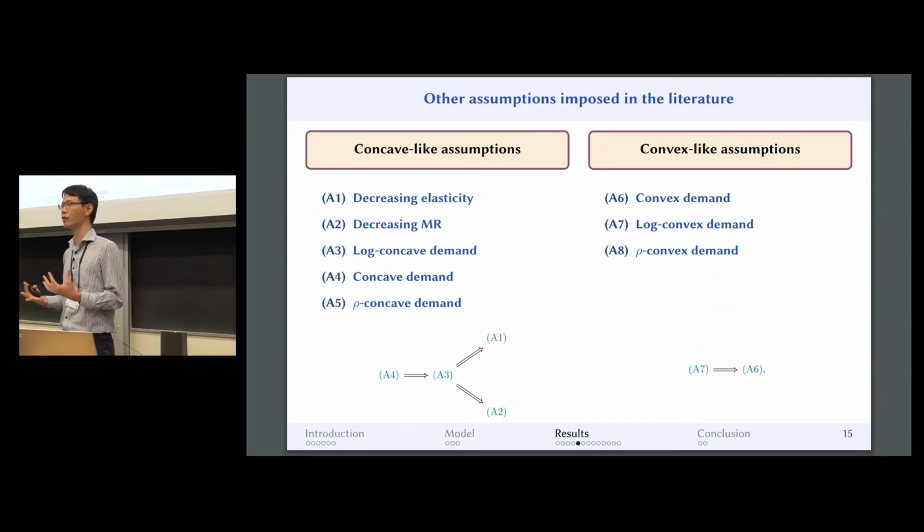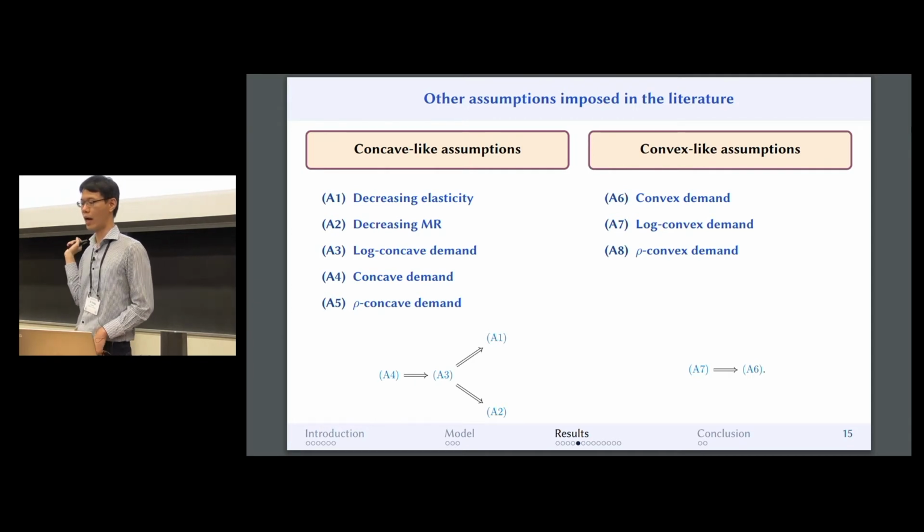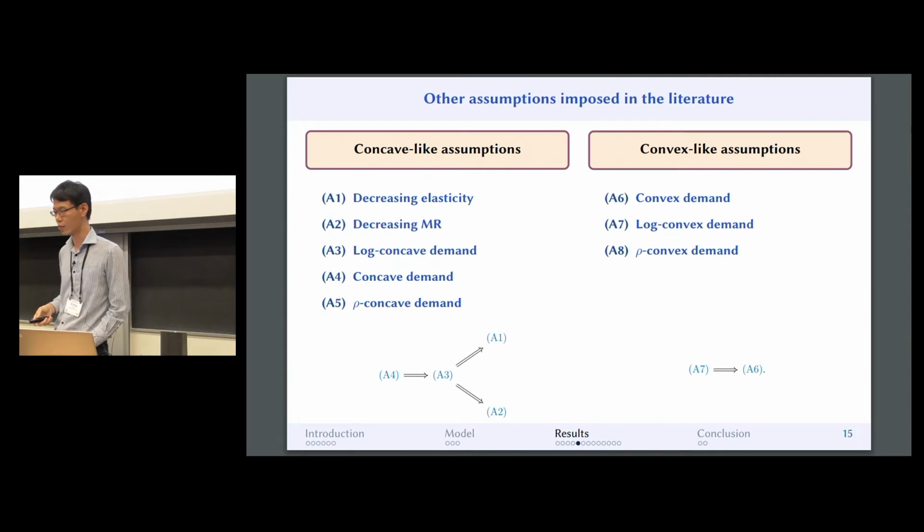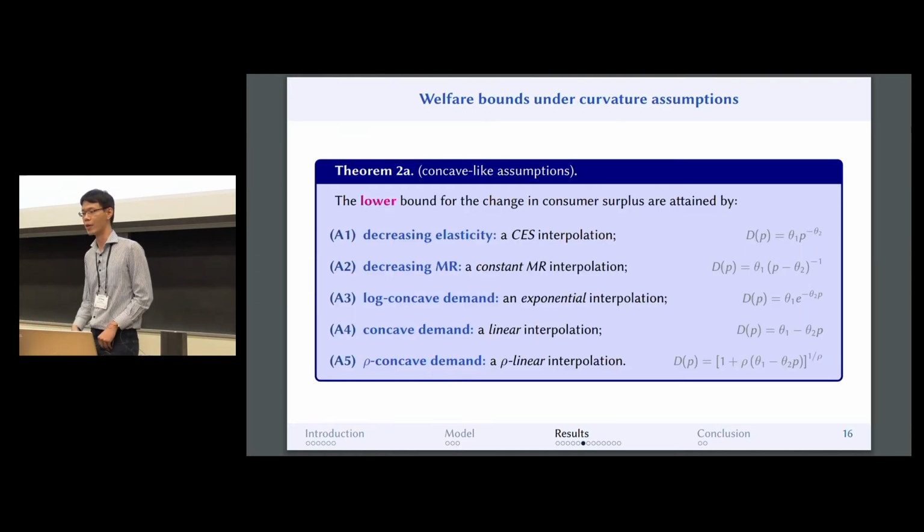So beyond this assumption of saying elasticity between these two points lies between epsilon lower bar and epsilon upper bar, we also consider other assumptions that are commonly imposed in the literature. So this is a list of the assumptions that we consider. We consider these assumptions individually. We consider combinations of these assumptions in the paper. And we have corresponding results for each of these assumptions.